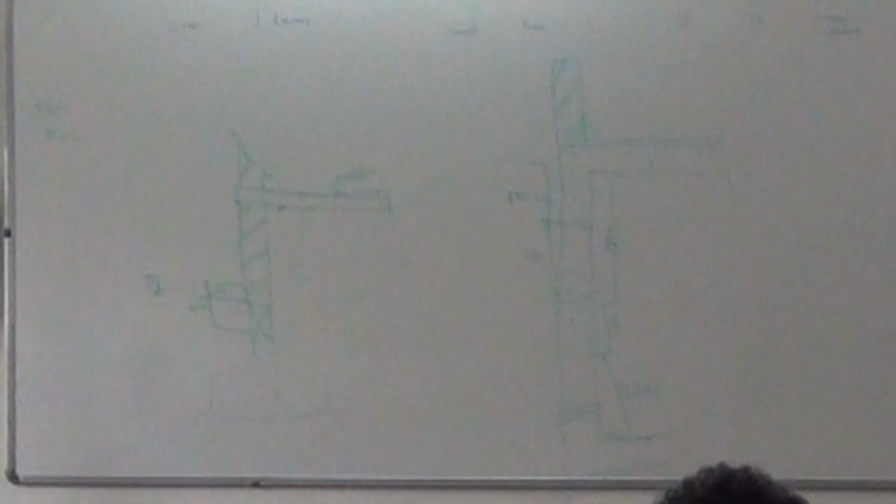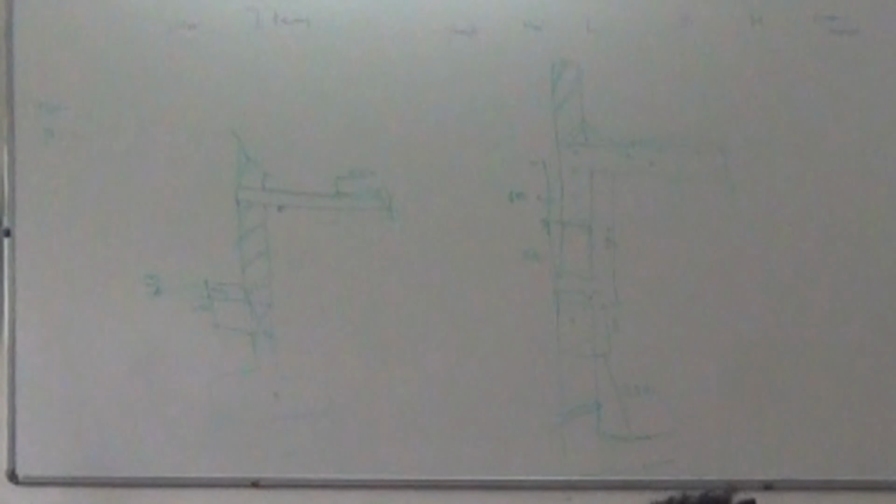So this height of brick wall is 550 plus 2.1. Okay, 550 plus 2100, which is equal to 2650 mm from finished floor level. From finished floor level, height is 2.65 meters.